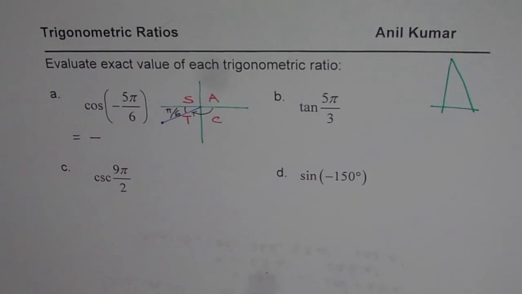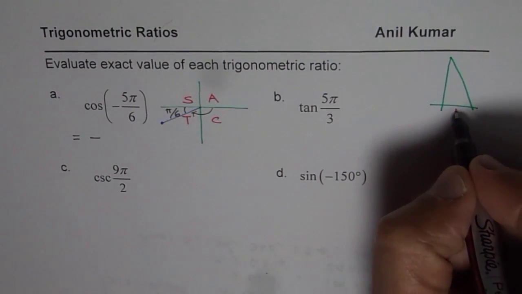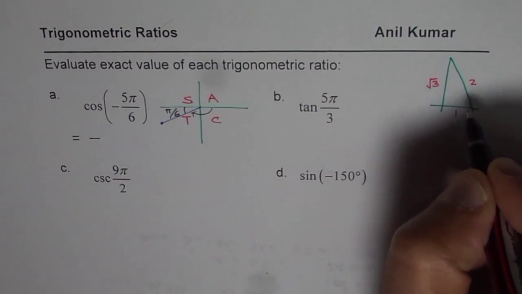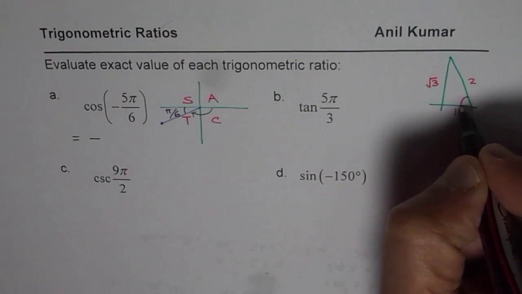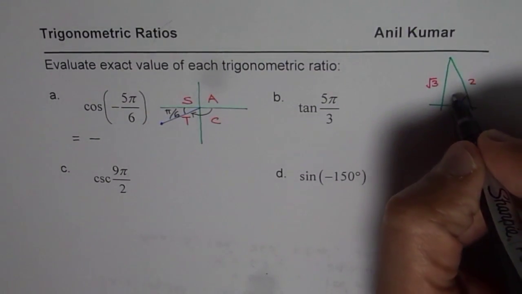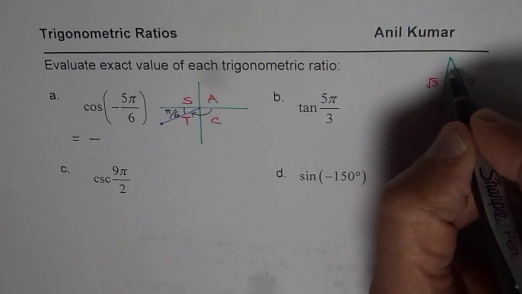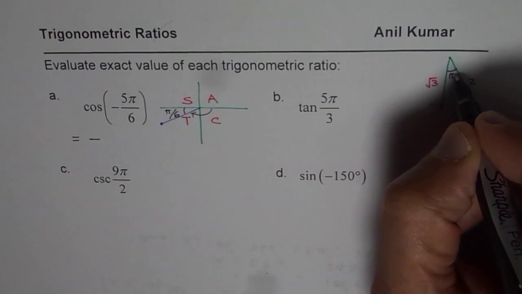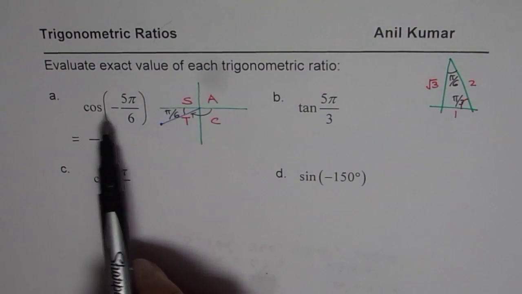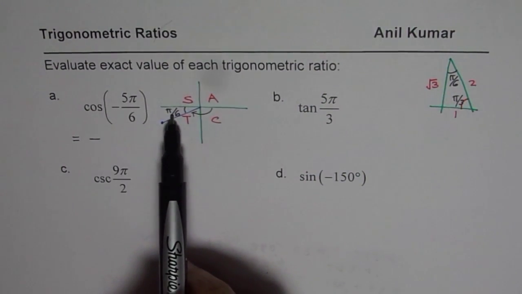In this particular triangle, we have sides 1, 2, and square root 3. Now this angle for us is pi by 6. This one is pi by 3, and this one is pi by 6, right? So you're looking for cosine of pi by 6, your acute angle now, right?